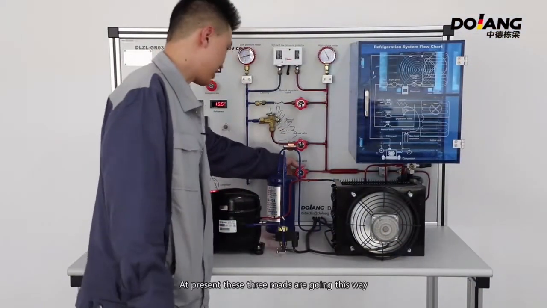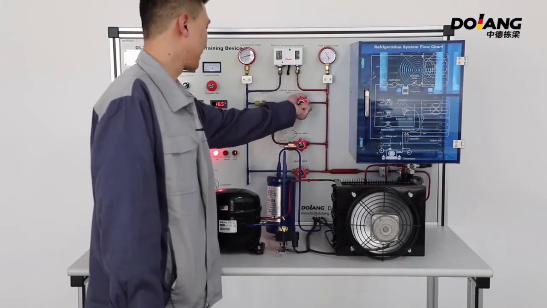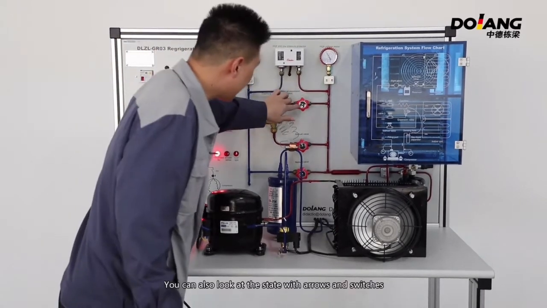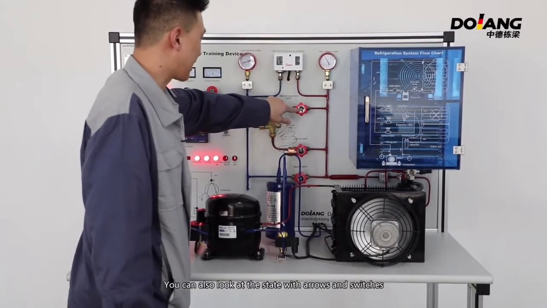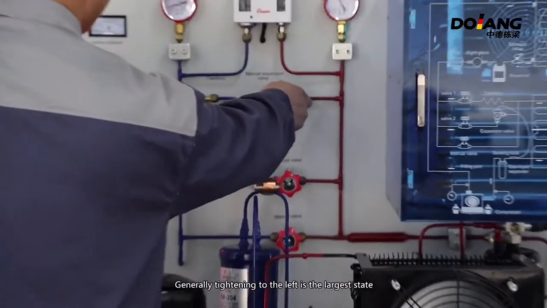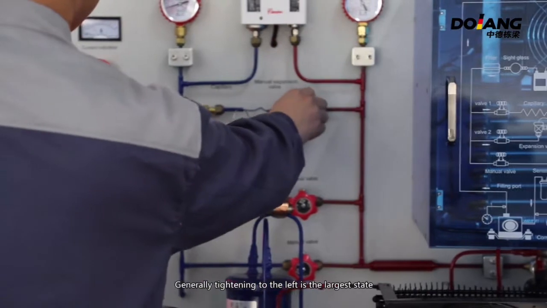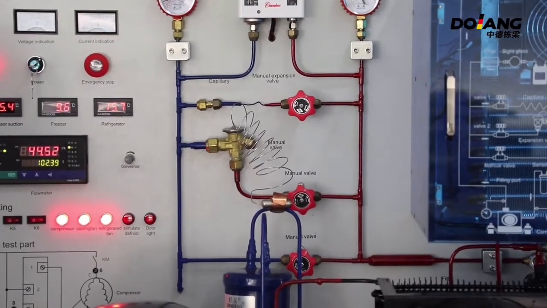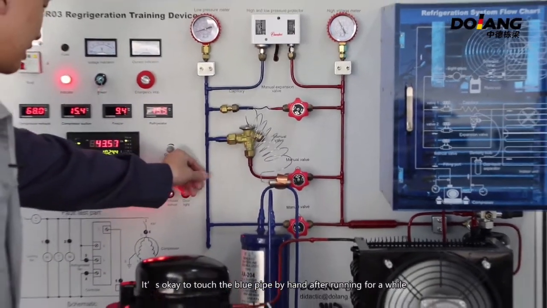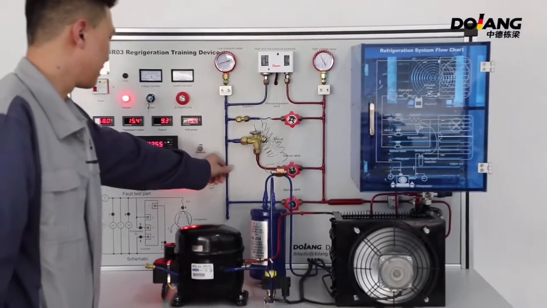At present, there are 3 rows going this way. Go this way through the capillary. You can also look at the state with arrows and the switches, generally tilting to the left is the largest state. Through the capillary. It's okay to touch the blue pipe by hand after running for a while.